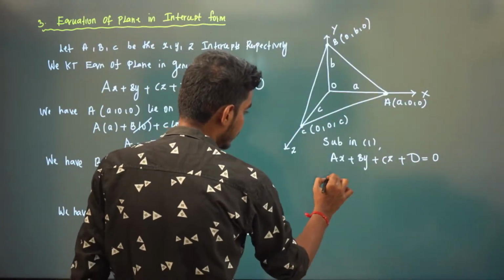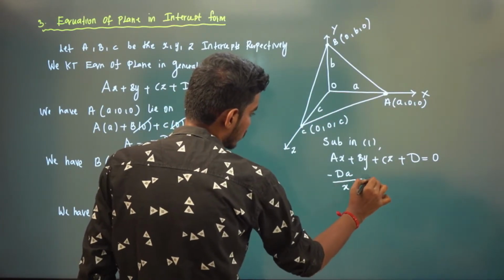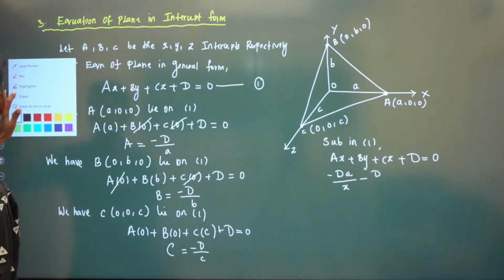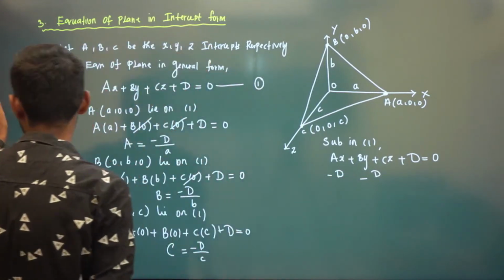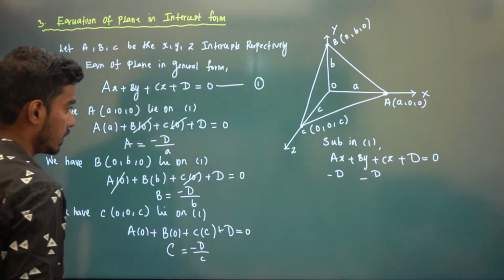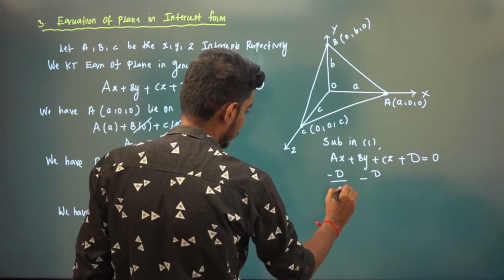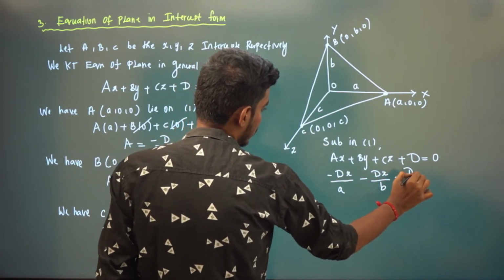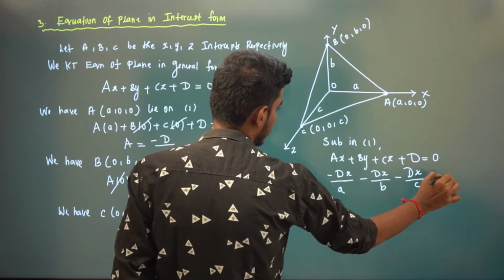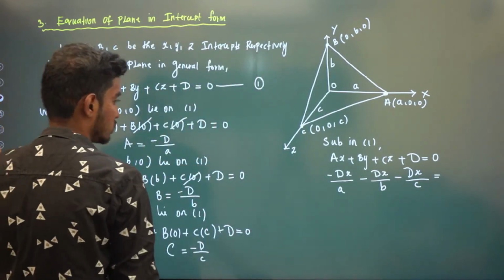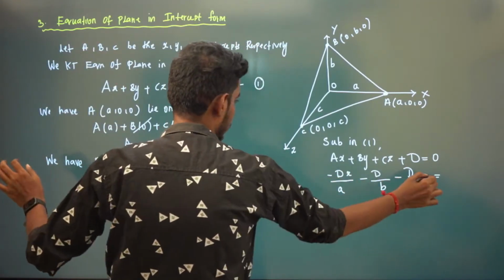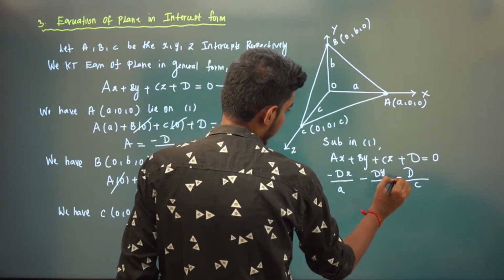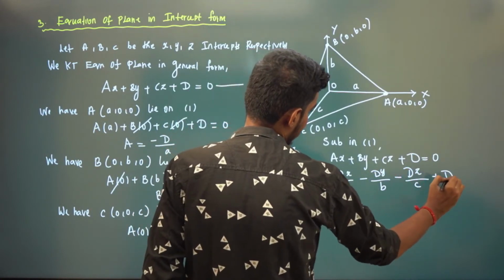So capital A is minus d by a, capital B is minus d by a into x, minus dx by b, minus dx c, dy dz plus dc, right?